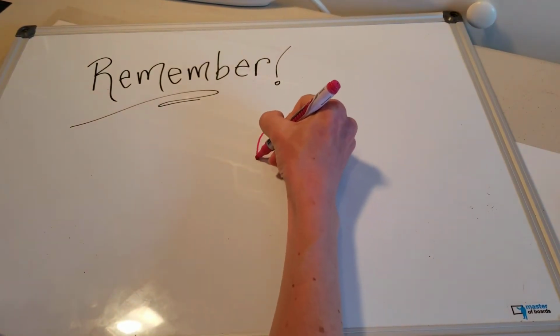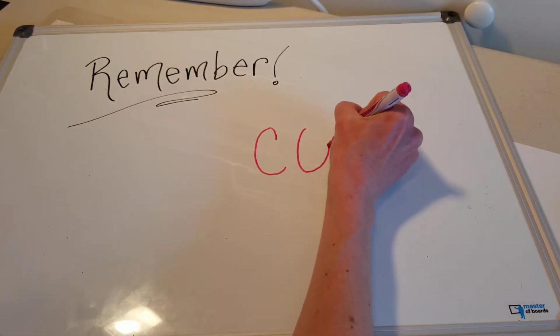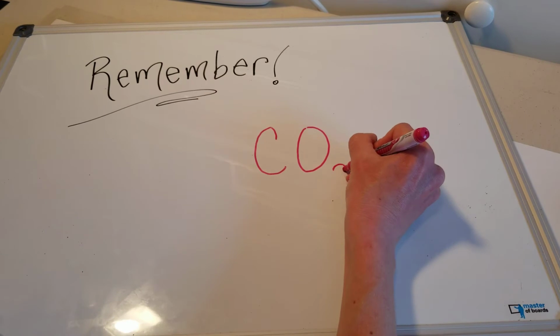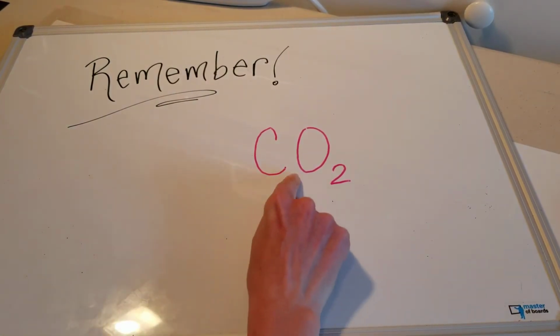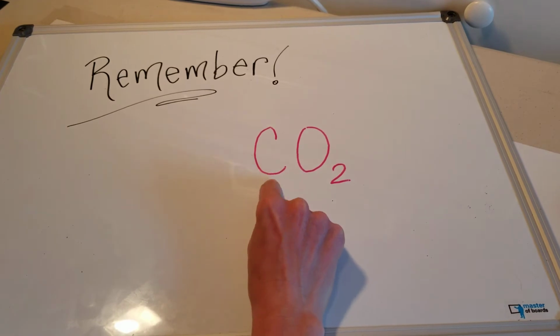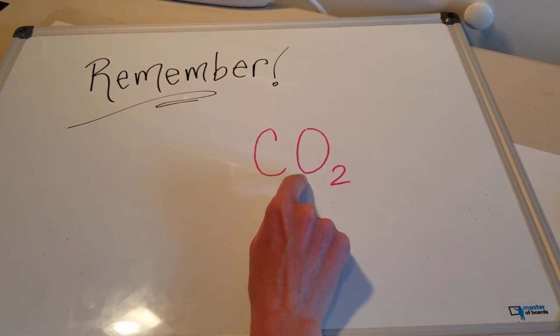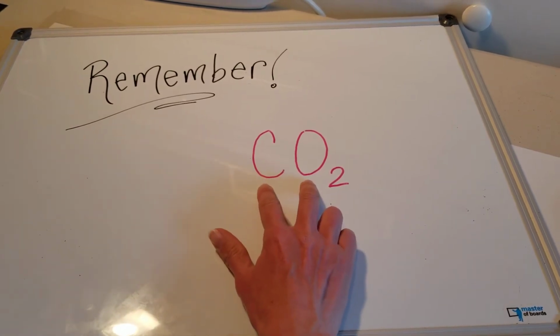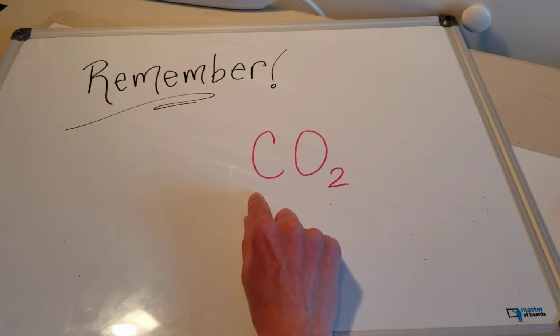Carbon dioxide is a pretty simple one. In this case, I don't have any number next to carbon. Now, where people get tricked by this one is they forget that these are 2 separate elements. They combine them together just because of the way that they're written.